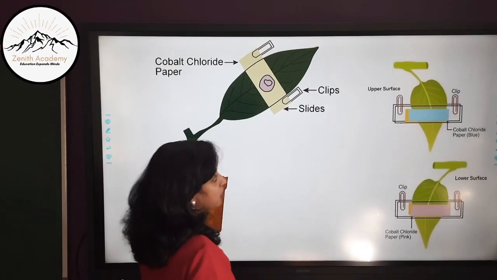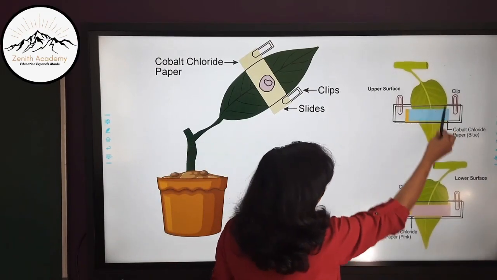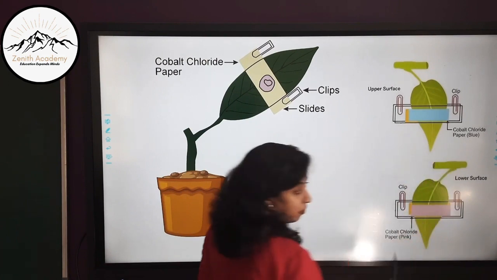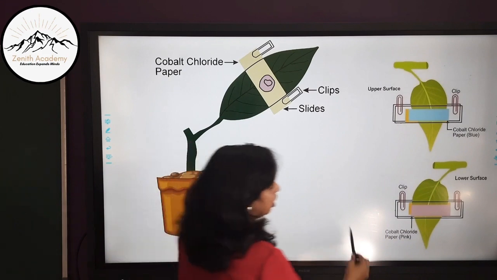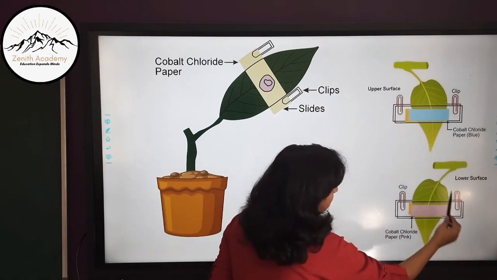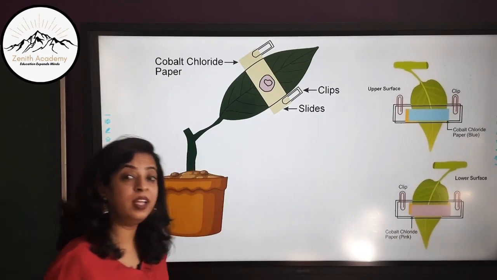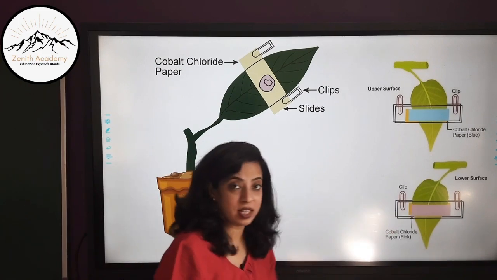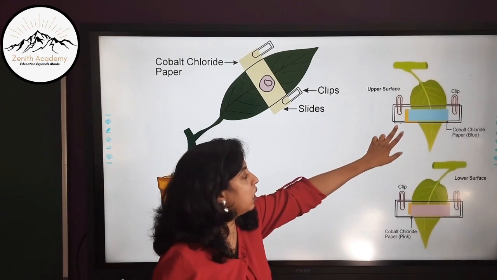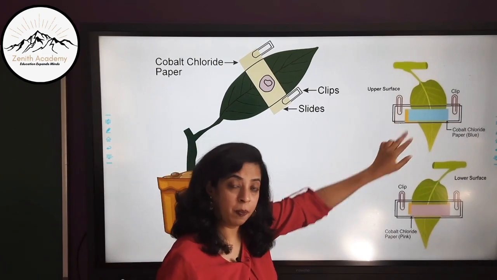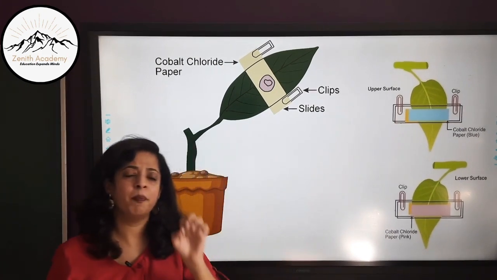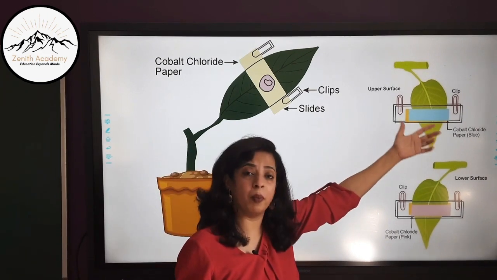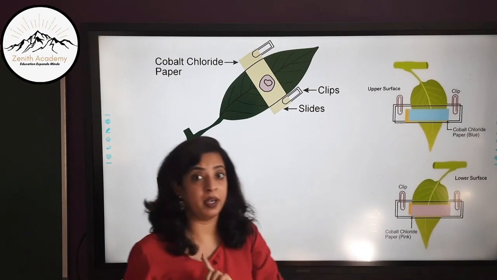Now we keep it in sunlight for some time. You can see this is the upper surface cobalt chloride paper, and this is the lower surface. After some time you will see that the lower surface paper will turn pink in color, showing that transpiration has occurred from the lower surface. This will remain blue and will turn pink very slowly, because there are very few stomata on the upper epidermis.